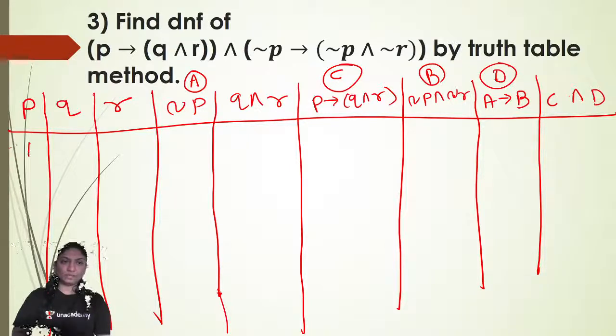There are three statements, so the truth table is T, T, T, T, F, F, F, F. Okay, here is F. Now T, F, here is T, F, T, F, T, F, T, F.